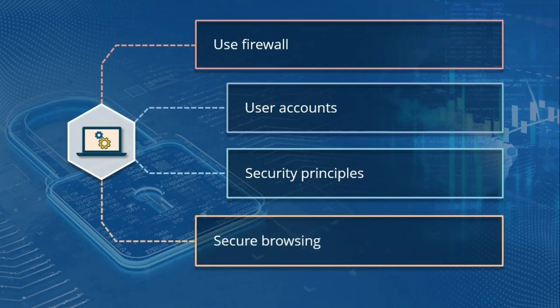Secure browsing. It is still the case that a lot of malware happens through your browser. Lots of things you can do to make that more secure. You can look at the individual settings in your browser, whether it's Edge or Firefox or Chrome or Safari, it doesn't matter. Use the most secure settings that you're comfortable with. Now you can lock it down so much that it's hard to surf the internet.